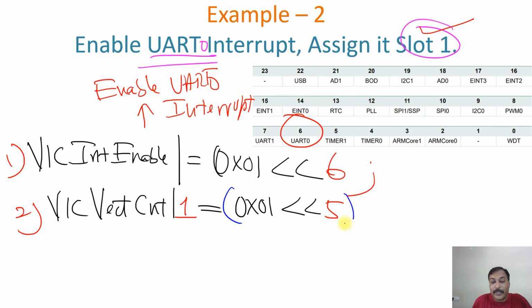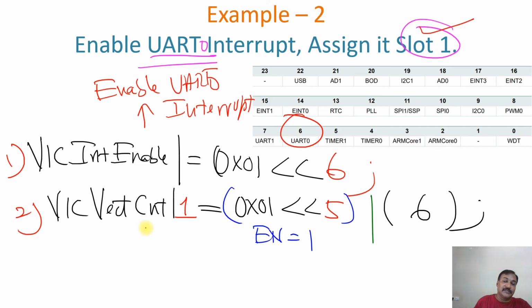This will make enable equal to 1, or this with the source number of UART 0, which is 6. Simply OR with 6. The first 5 bits will take that value.